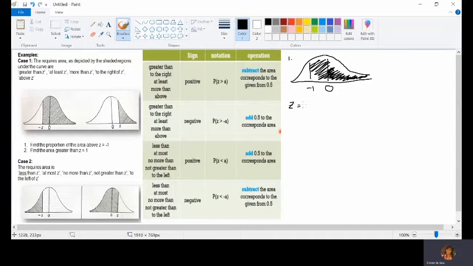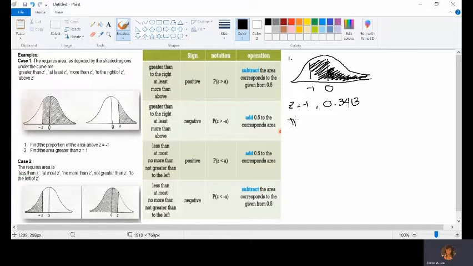So Z of -1 is equal to 0.3413. And if we remember, the operation that we're going to use is to add 0.5. Why 0.5? Because remember, we have 50% below the mean and 50% above your mean.